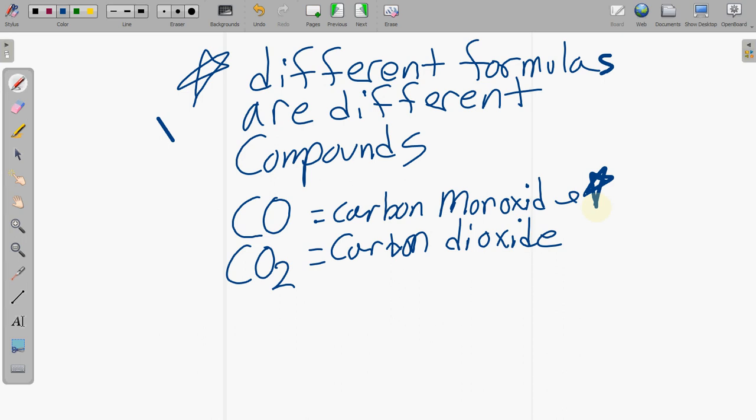It won't hurt you. You breathe it in and out every breath you take. Okay. But carbon monoxide is very dangerous. And if you have any kind of burning in your house, like a fireplace or a gas stove or wood stove or anything like that, you should probably have a carbon monoxide detector in your house.